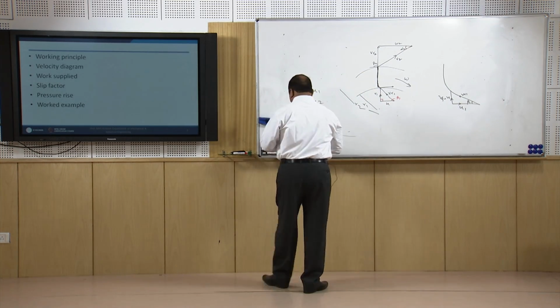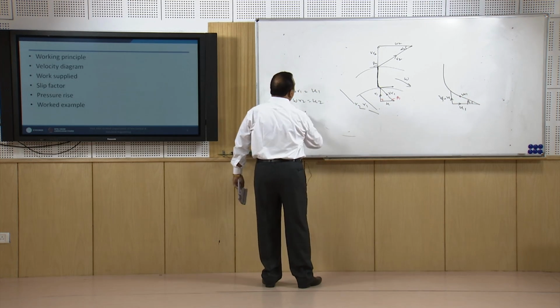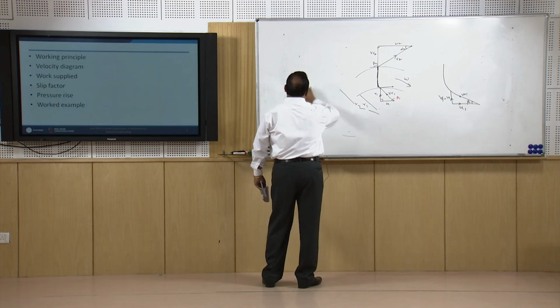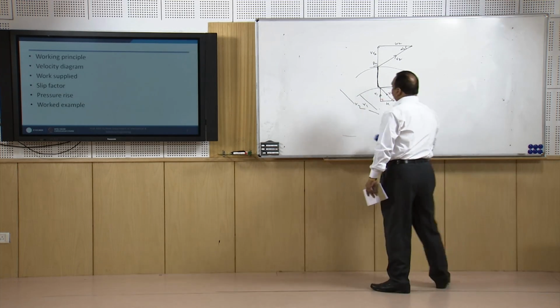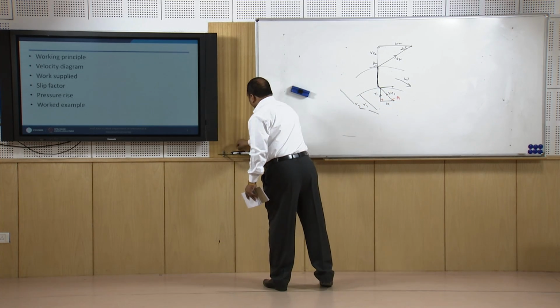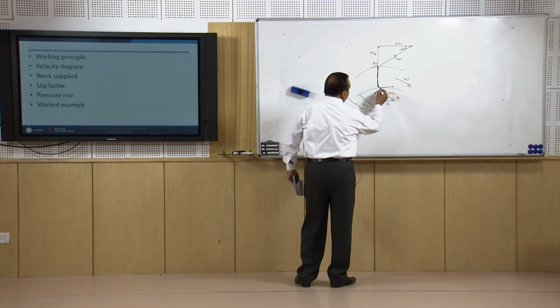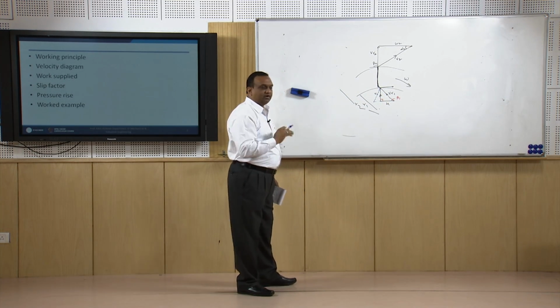So, output is, we will first derive the generalized equation and then we will go for the specific case. Suppose at inlet there is also a whirl component, the inlet velocity is like this, that is known as pre-whirl. We will discuss pre-whirl later on.